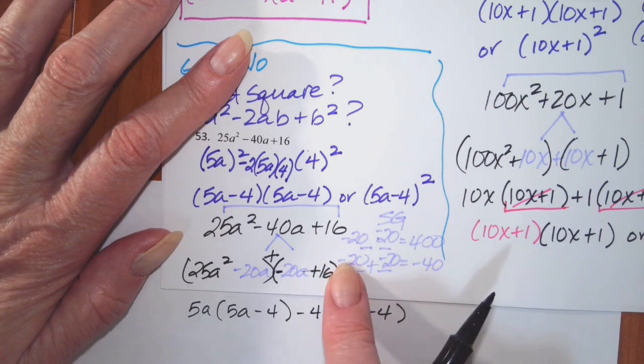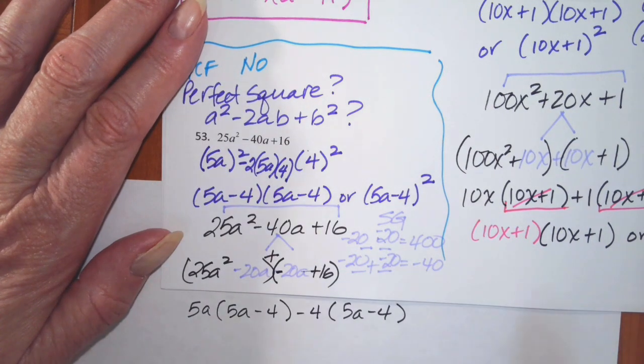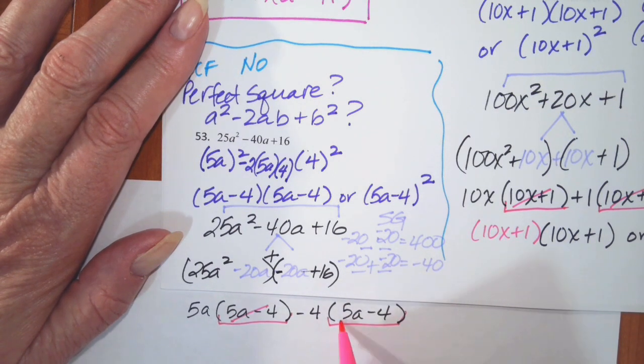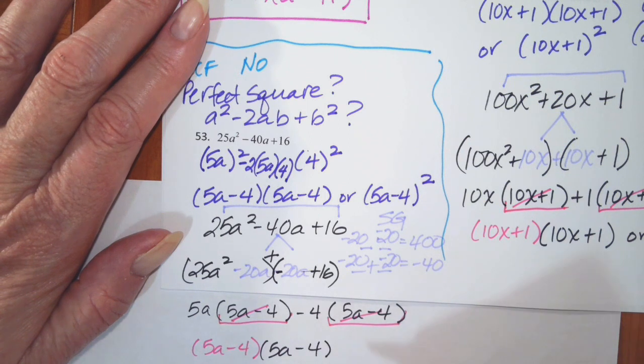Notice these two are the same. That tells you it's a perfect square. But again, whatever works for you is what works. So that becomes 5a minus 4 times 5a minus 4, or 5a minus 4 squared.